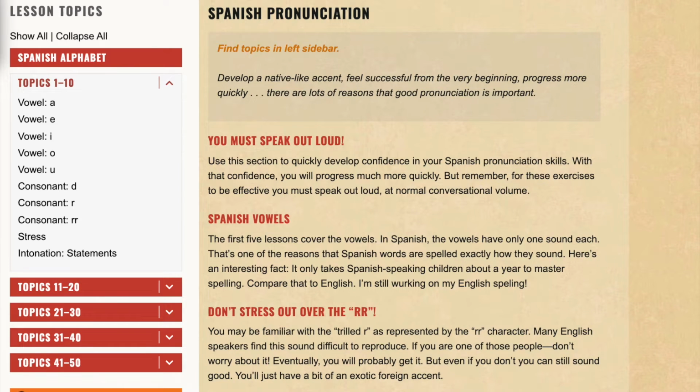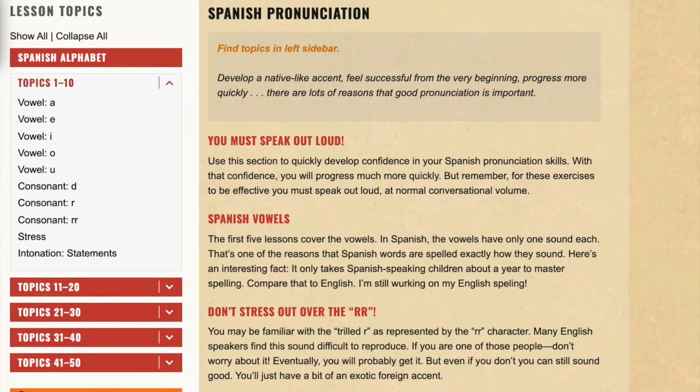So this website is studyspanish.com, and let's look at the basics on what we need to do. It looks like we need to speak out loud, right?